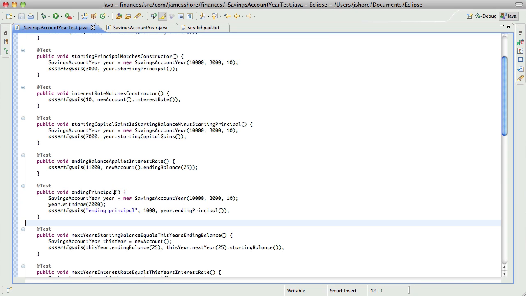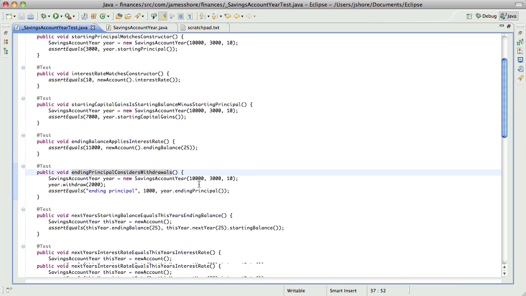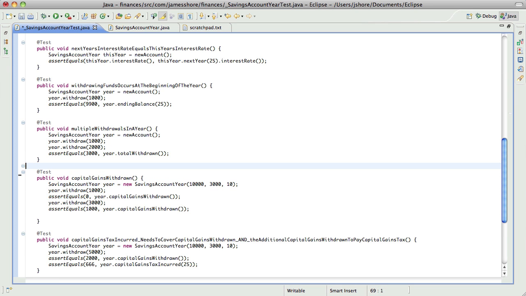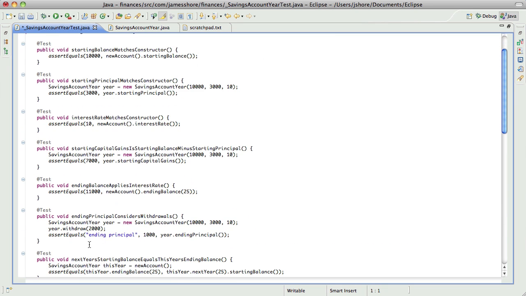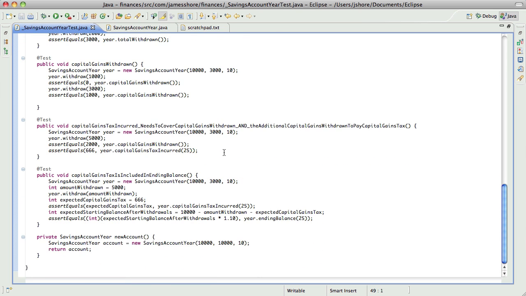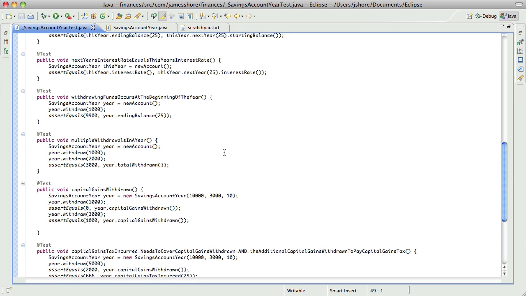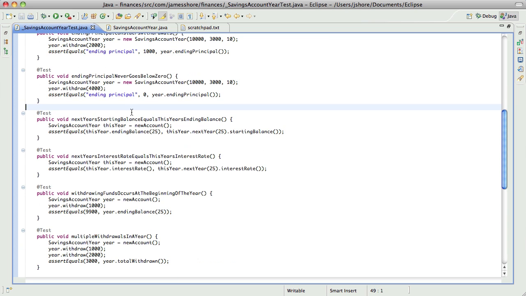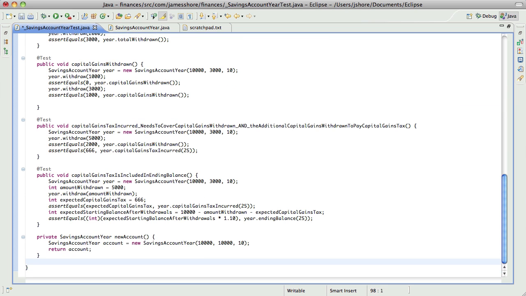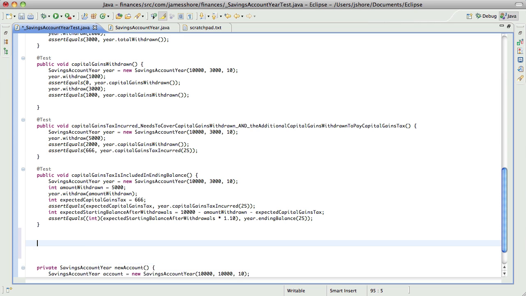Ending principal considers withdrawals, and then ending principal never goes below 0. And then, yeah, all this next year stuff is going to go down at the bottom, I think.